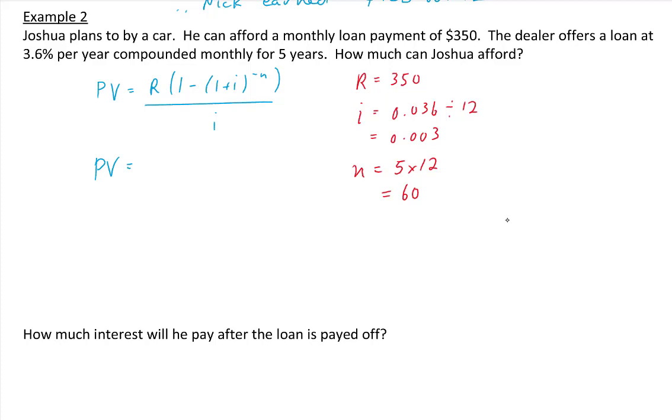So present value equals 350 times 1 minus 1.003 to the negative 60, all over 0.003. Using our calculators, we end up with $19,192.21. So this is how much Josh can afford.